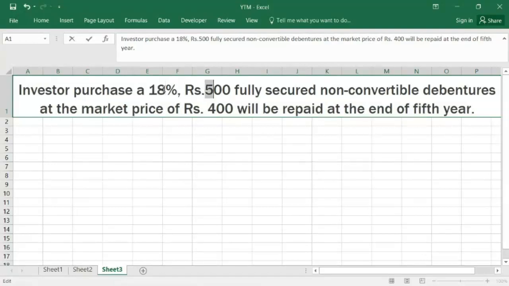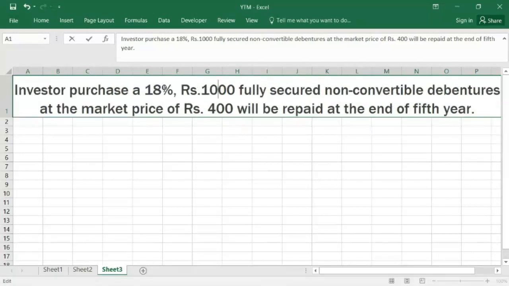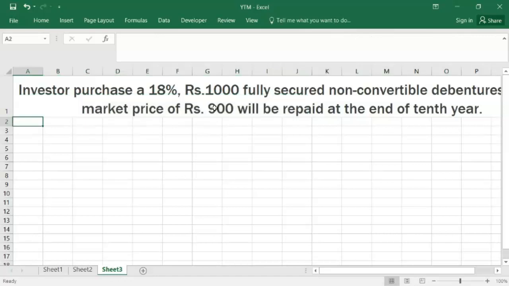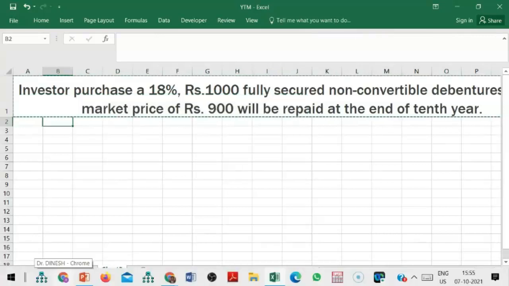You can take the face value as 1000 rupees, and the market price of the instrument comes to 900 rupees. It will be repaid in the 10th year. After this, we'll move on to the next calculation, so you can complete it as quickly as possible.